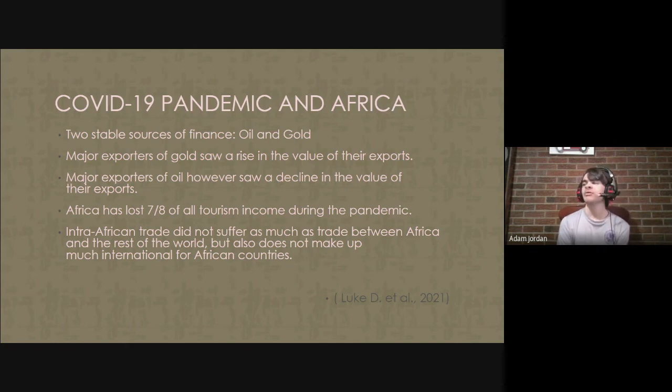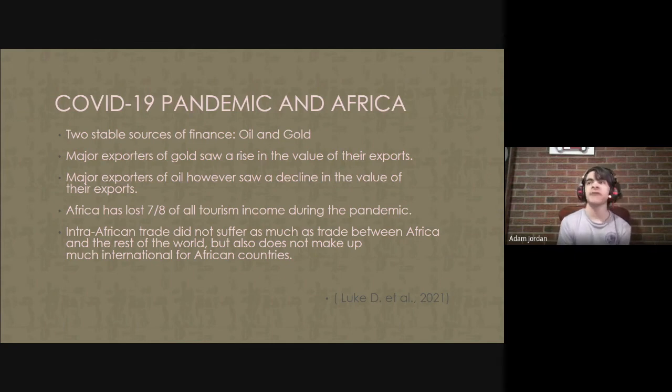However, countries that specialized in oil found the value of their supply actually going down, because while the demand for oil didn't change all that much, the supply was still very abundant with other countries, and there was easier transportation from some of those other regions to supply oil to the rest of the world than Africa in the height of the pandemic in Africa.